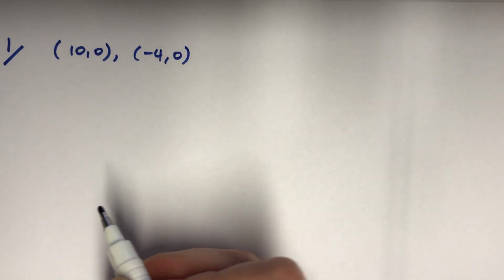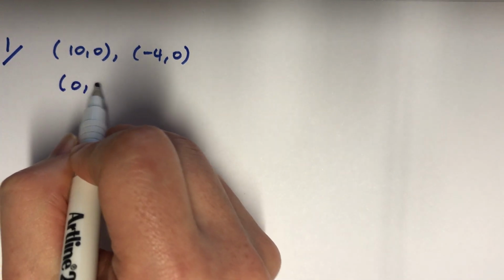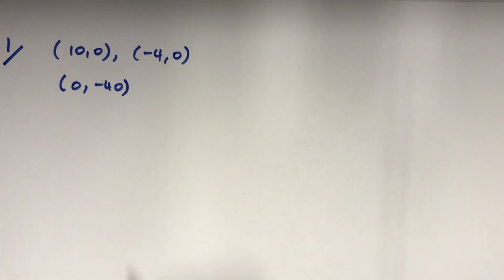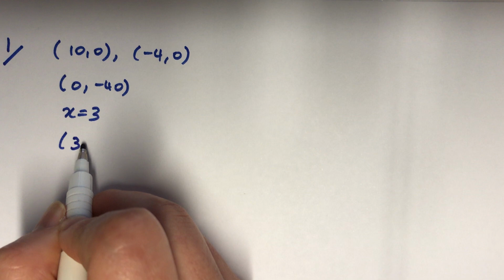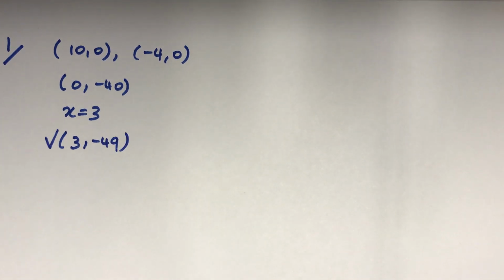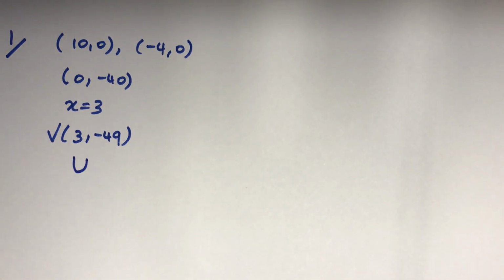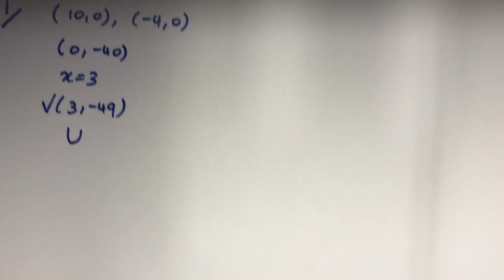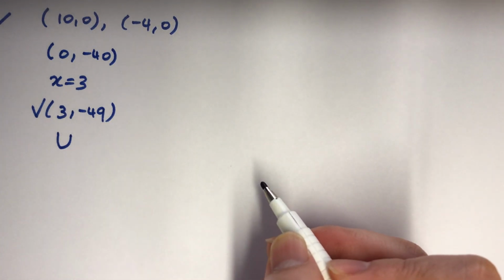My Y-intercept, when x equals 0, was minus 40. My axis of symmetry was x equals 3, and my vertex was 3 and minus 49. I'm just going to put V there for vertex, and it was concave up. All right, so let's sketch this. Let's see if I can sketch small and nicely.